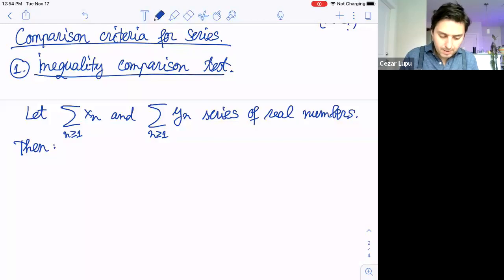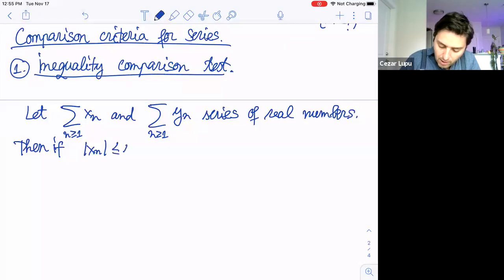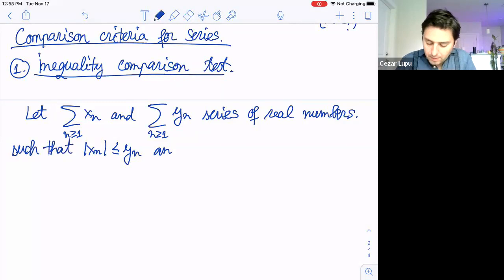If, let's just say, because I said real numbers, if the absolute value of Xn is less or equal than Yn, such that this inequality holds true for all n greater or equal than 1.